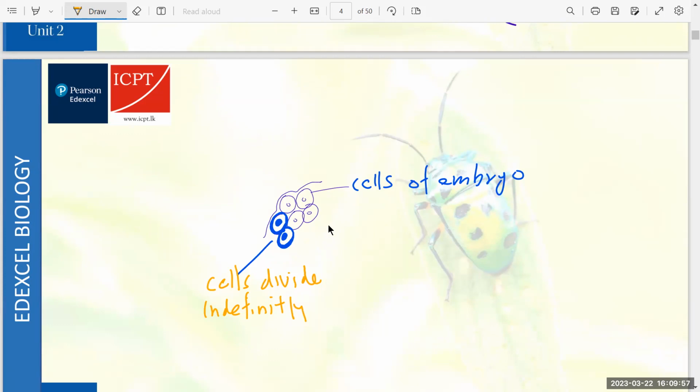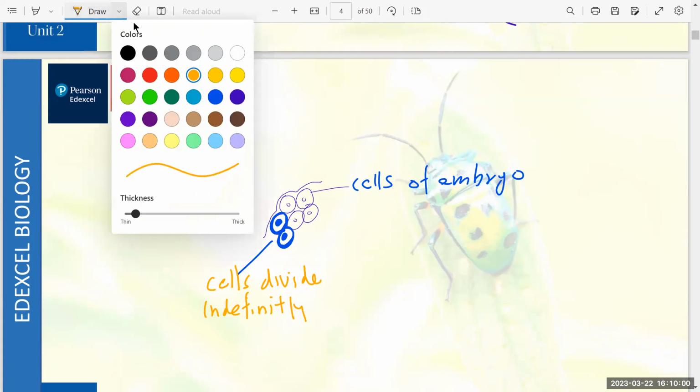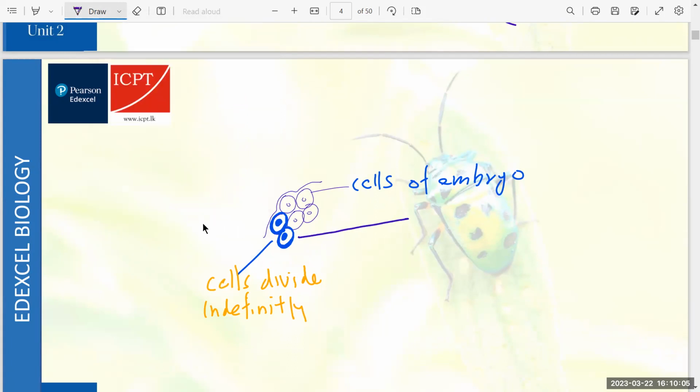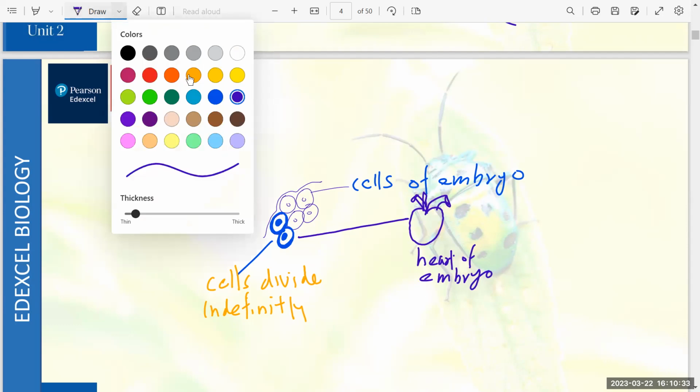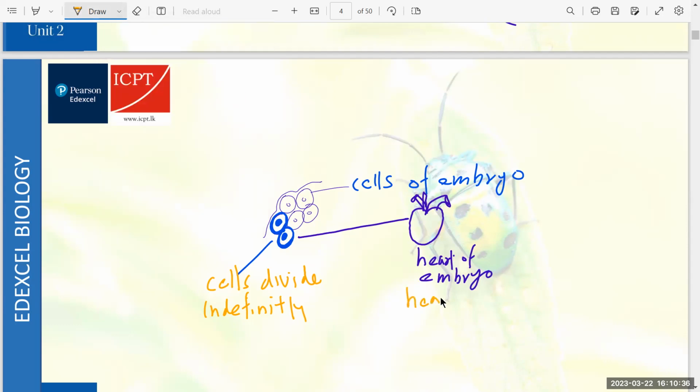So then we can also understand another process. These cells are going to form the heart of the embryo, so these cells are responsible to make the heart of the embryo. So it can form heart muscle cells.